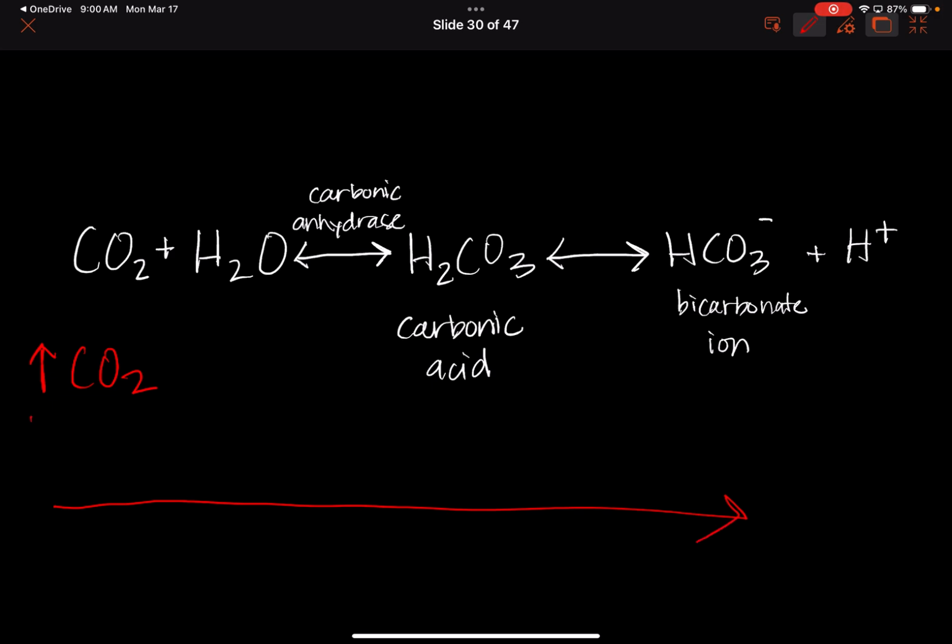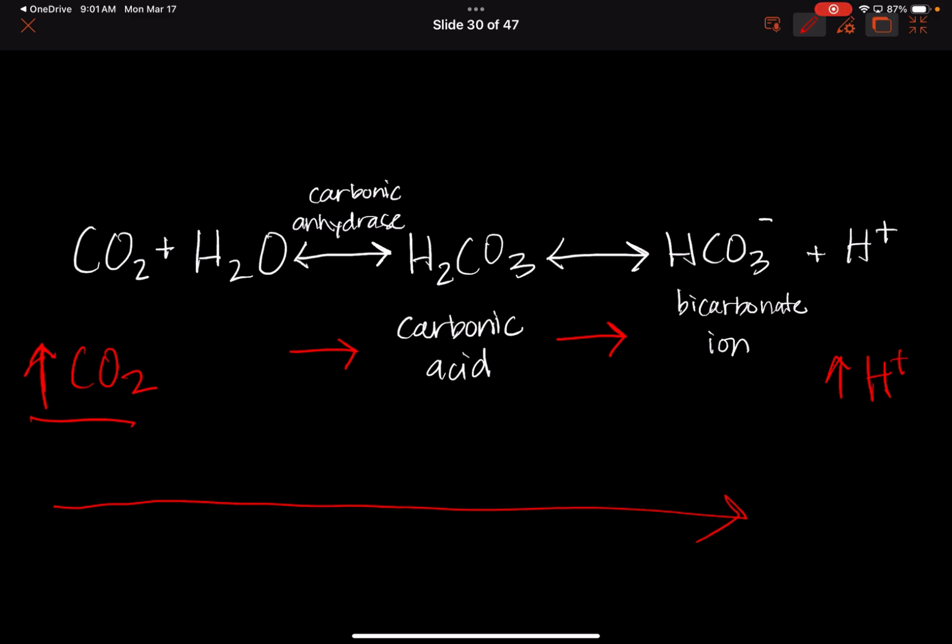So anytime you have high amounts of CO2, that's going to cause that CO2 and water to be converted into carbonic acid. And if you remember, acids dissociate in solution. So whenever they're in a solution like the blood, they're going to immediately dissociate into their parts. So that carbonic acid is going to dissociate into a bicarbonate ion and a hydrogen ion. So anytime you have high levels of CO2, you're also going to end up with high levels of hydrogen ions as well. So it's going to push the equation in that direction.